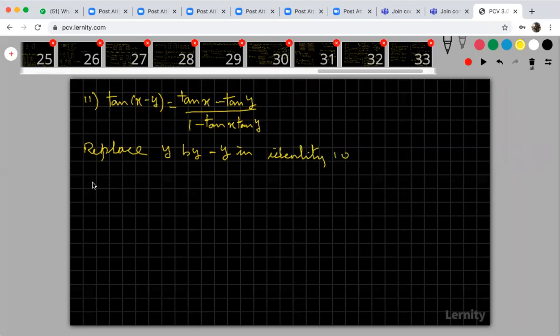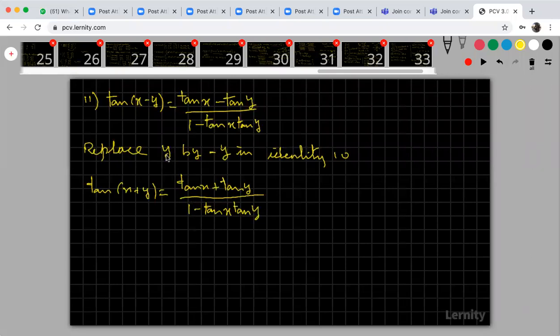So what is my identity 10? My 10th identity is tan of x plus y is equal to tan x plus tan y divided by 1 minus tan x tan y.